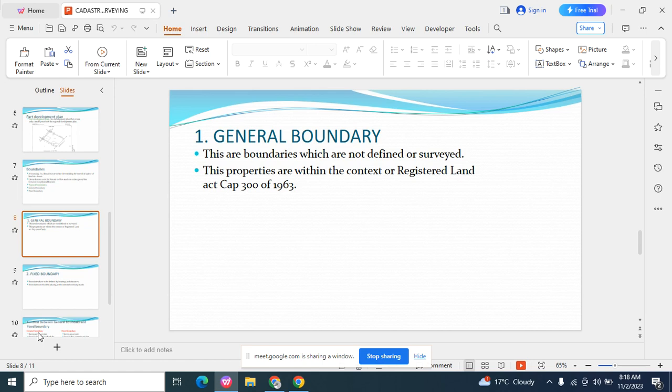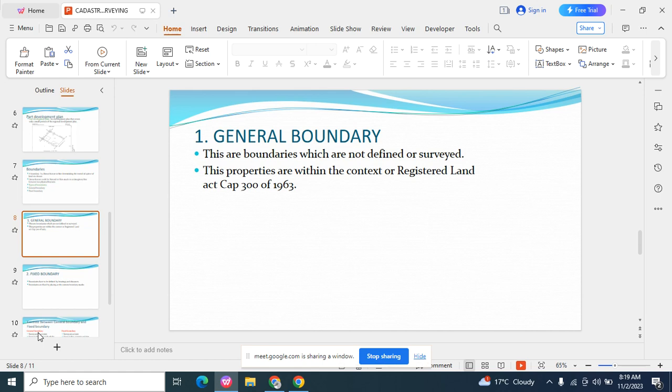In general boundary, there are boundaries which are not defined or surveyed. Then the properties are within the context of the Registered Land Act Cap 300 of 1963. For example, the land consolidation program, which brings small scattered bits of land together. Then we have land adjudication, which is to sort out who owns what.